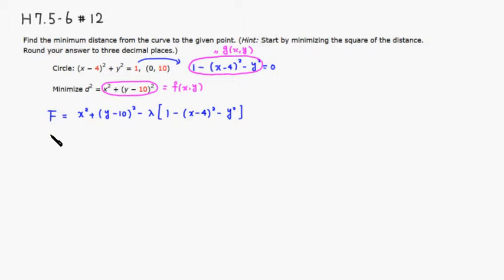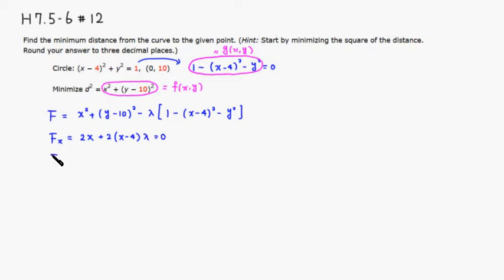Right, so let's take the partials. The partial derivative of capital F with respect to x: the partial of that is 2x, the partial of that is 0, and the partial of this is going to give you negative 2 quantity x minus 4, so with the negative lambda, positive 2 quantity x minus 4 lambda, set equal to 0.